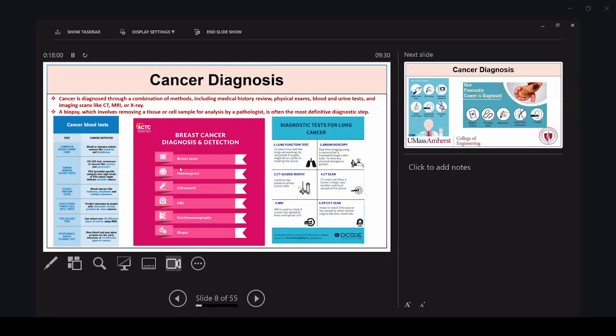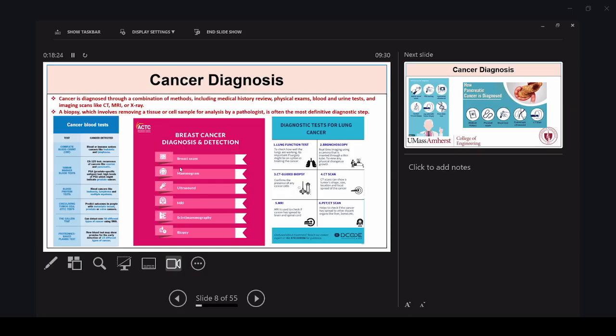Cancer can also be diagnosed with a biopsy, where they remove a tissue or cell sample and send it to a pathologist, who diagnoses it step by step and gives you a result. Again, biopsy is an invasive method.